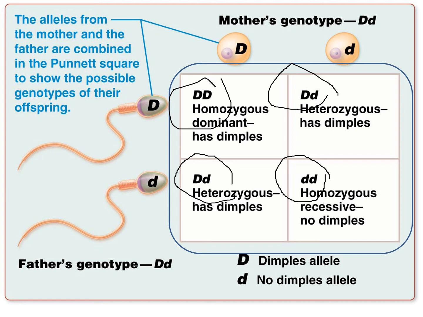And then 50% of the children will be heterozygous, and they will still have dimples. Only 25% of the children will have little d, little d and will not have dimples. So this is the difference between genotype and phenotype. The genotype tells us the alleles present and which ones, and the phenotype tells us the physical expression.